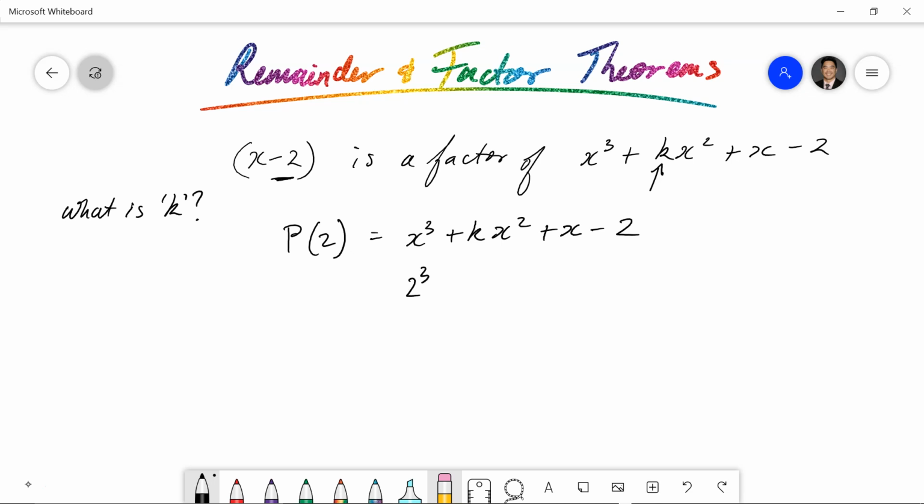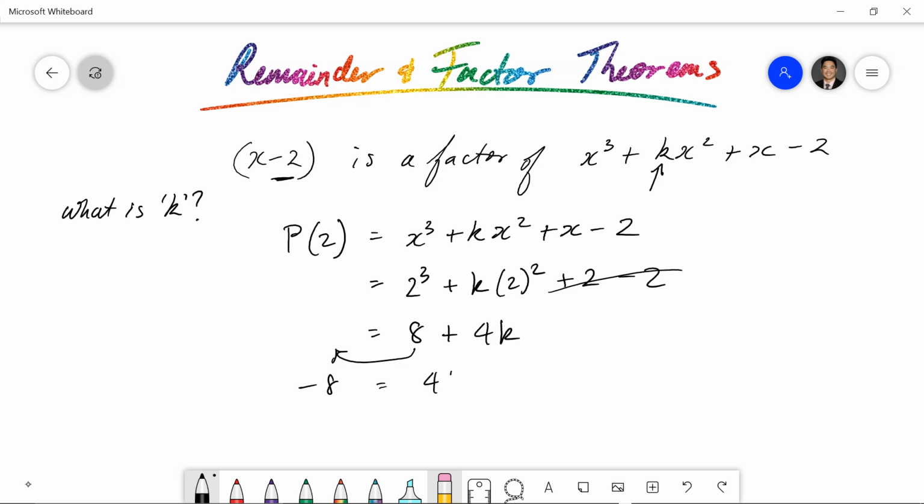So we've got 2 cubed plus k times 2 squared plus 2 minus 2. 2 squared is just 4, these 2's cancel out, and 2 cubed is 8, plus 4k. What we do from here is move this across, so we've got minus 8 is equal to 4k, and k is going to equal minus 2.